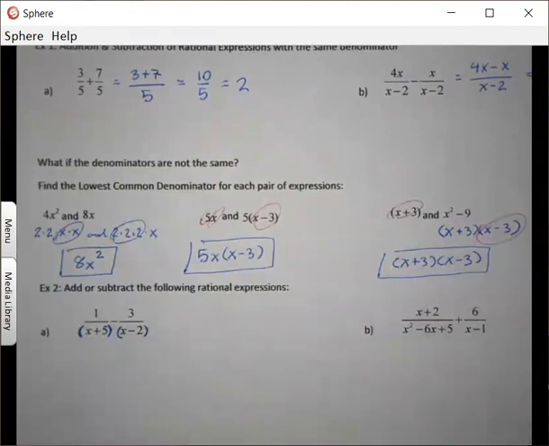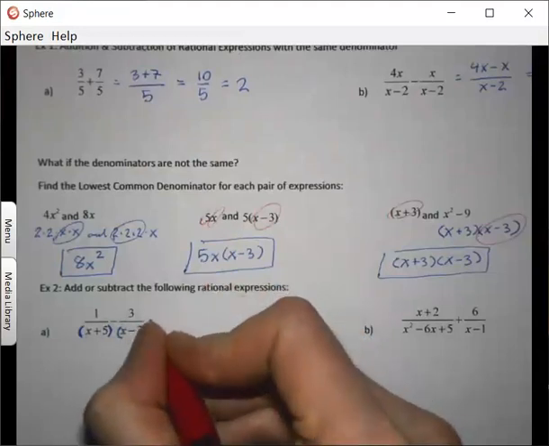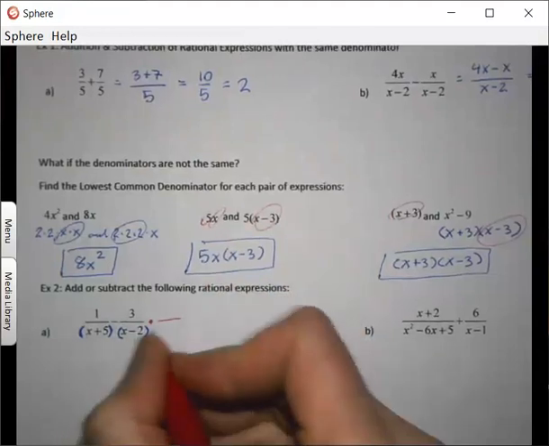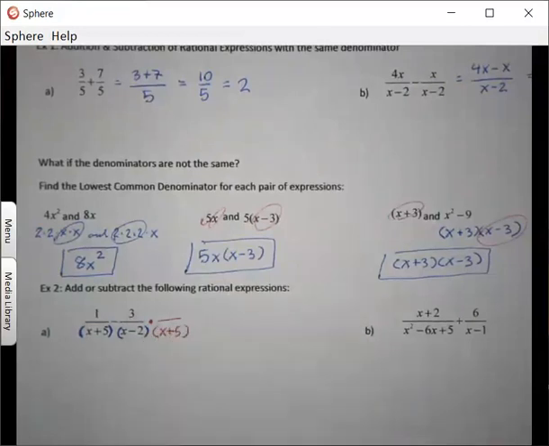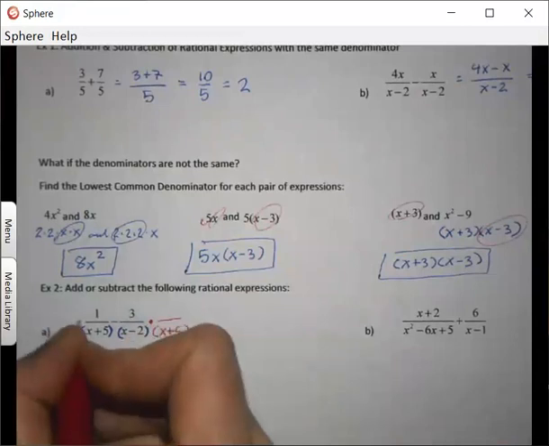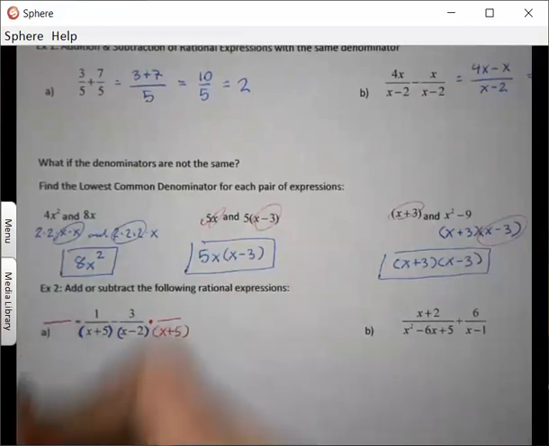So to make a common denominator, we're going to need x plus 5 and x minus 2. So multiply this side by x plus 5 in the bottom, and multiply this one by x minus 2.